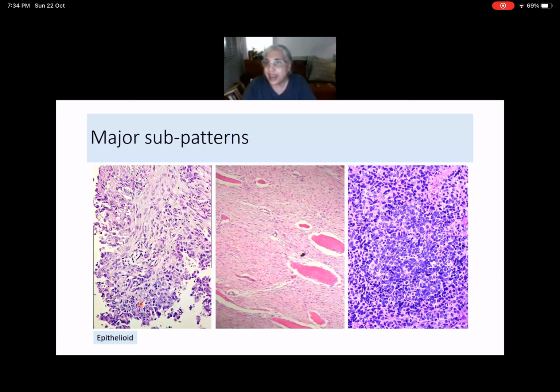Spindle or stellate cells form a mesenchymal pattern, and that pattern may be seen in any lesion. It can be tumorous, it can be scar, it can even be a carcinoma. Have you got that?